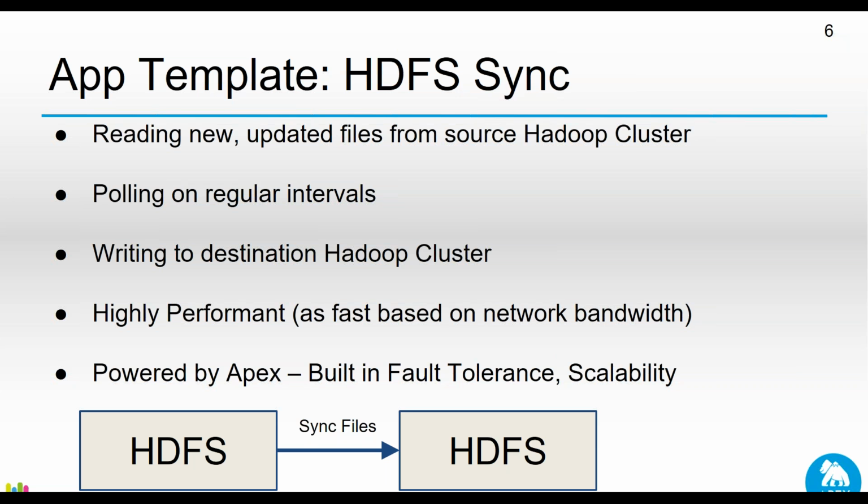It is highly performant, as fast as the network bandwidth that you could provide. Since it's powered by Apex, there is built-in fault tolerance and scalability. I'll come to this last point when we talk about why DataTorrent RTS. So this keeps on pulling the new and updated files periodically and writing to the destination Hadoop cluster.